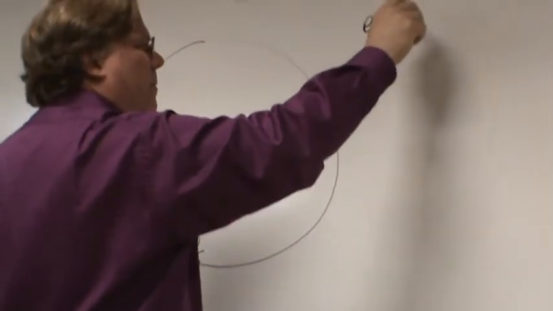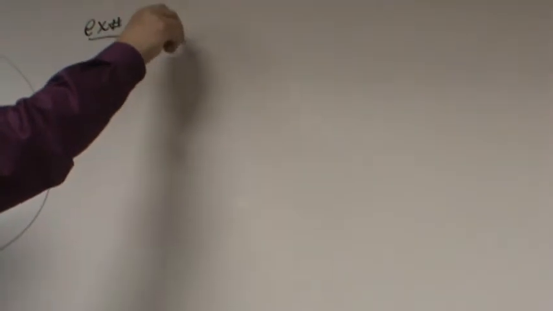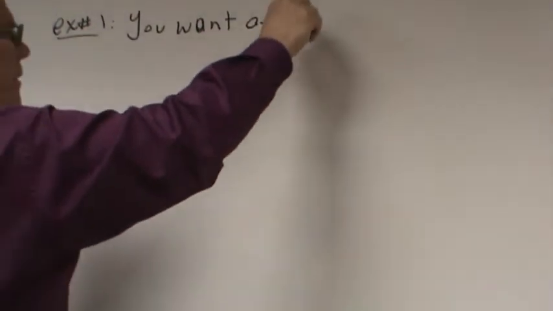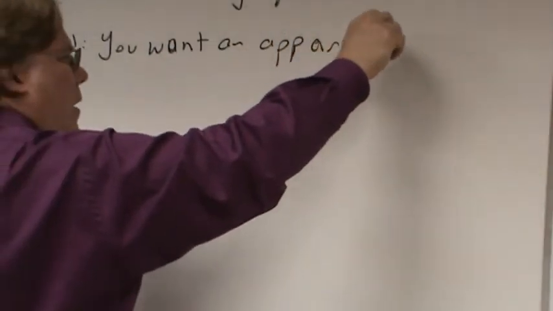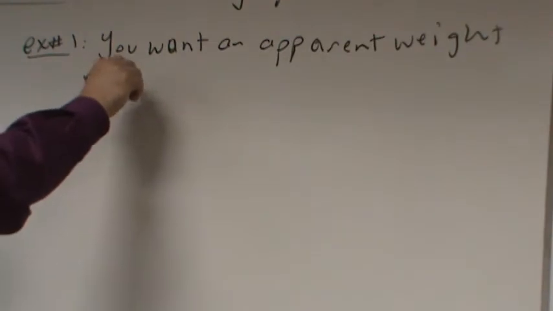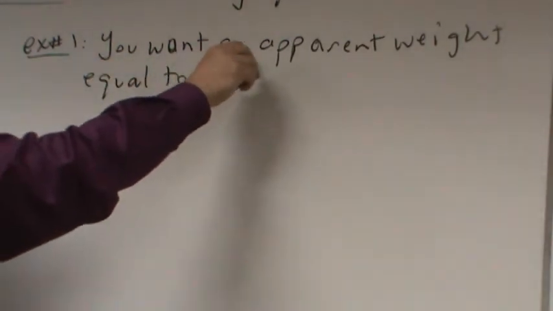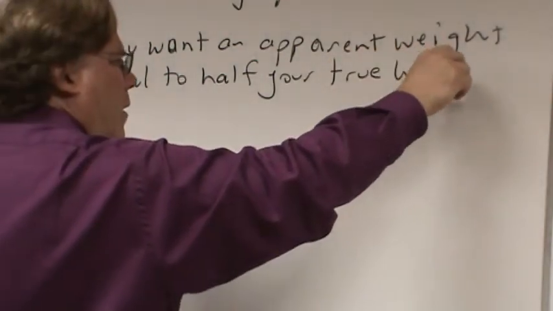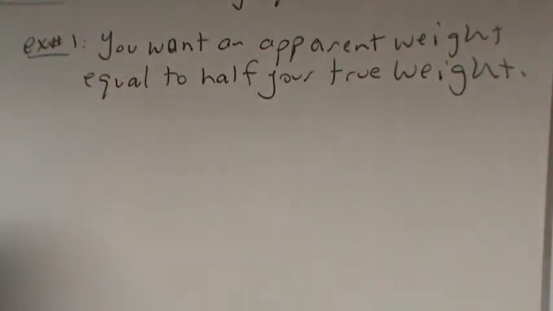Example number 1. You want an apparent weight equal to half your true weight.